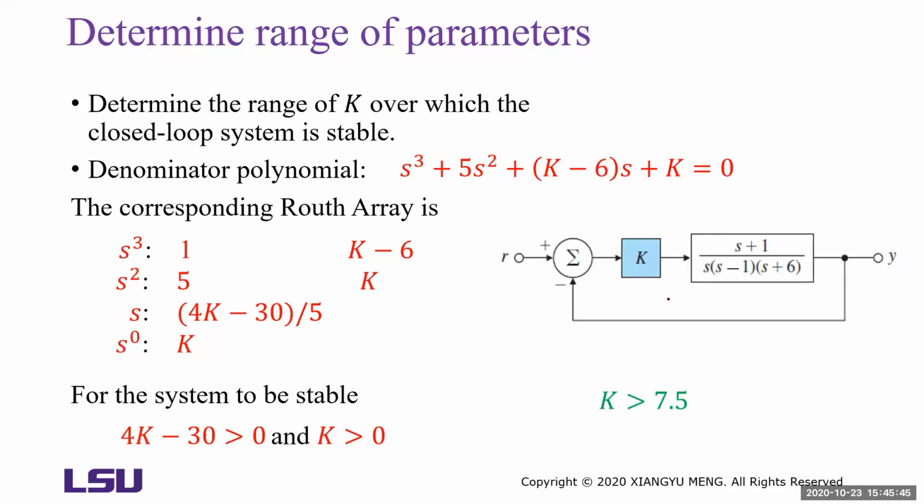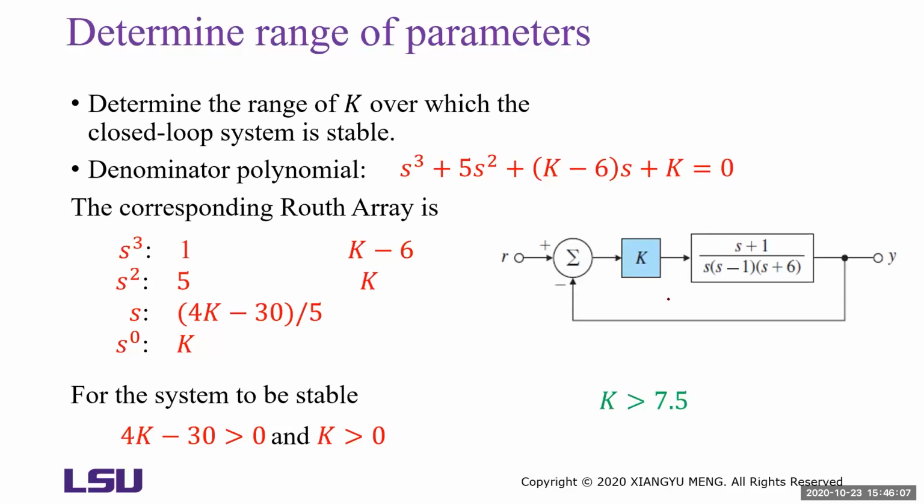So in this case, if you pick a controller gain with some value greater than 7.5, you can make the closed loop system stable. We get the analytical bound for the parameter k.